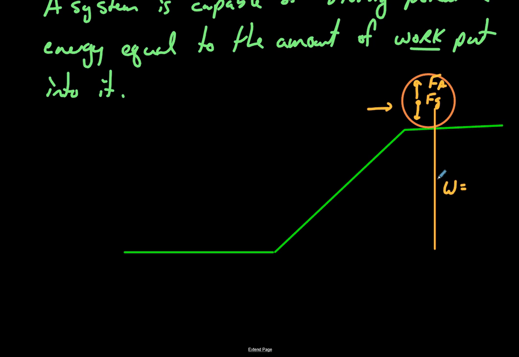It will just move constantly. If the net force on it is equal to 0, it'll move at a constant velocity. So the force we have to apply is equal and opposite to the force of gravity. That's not weight anymore, that's work, Fg. So we have to apply Fg times whatever height we have. Now we're going to lift in this direction, so no cos theta necessary.